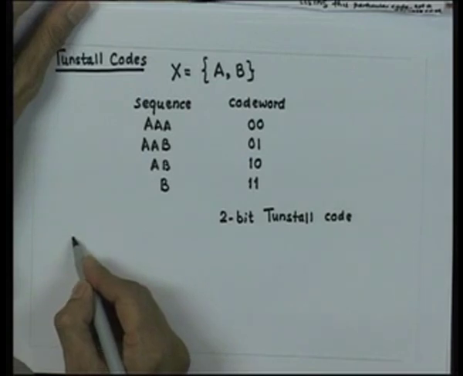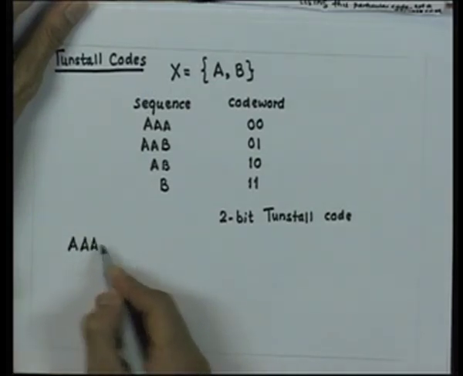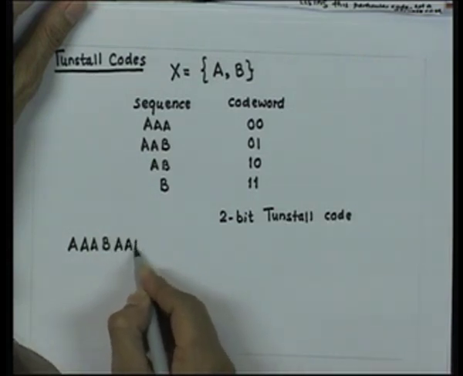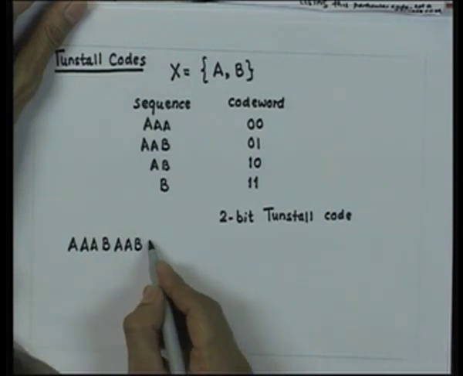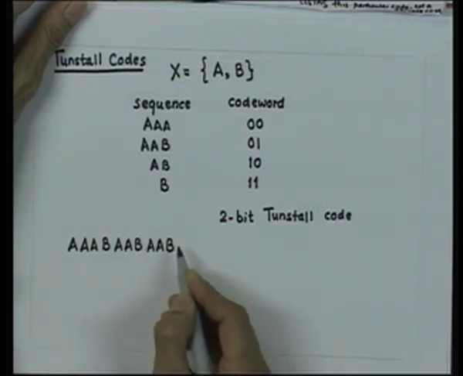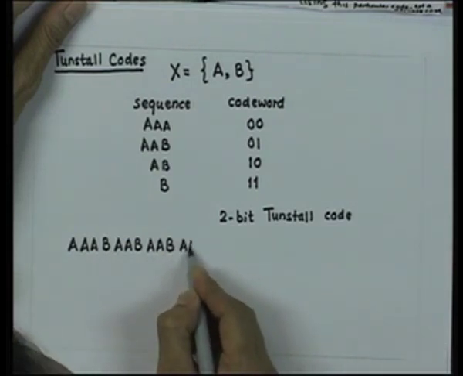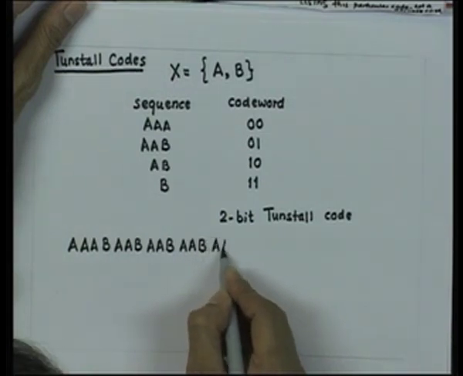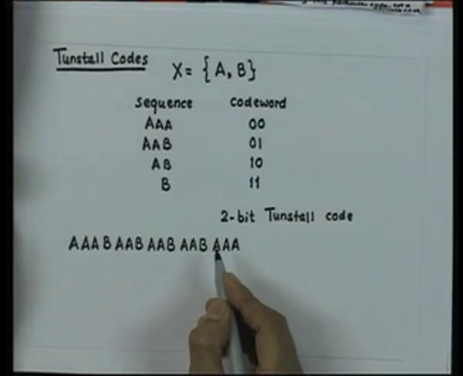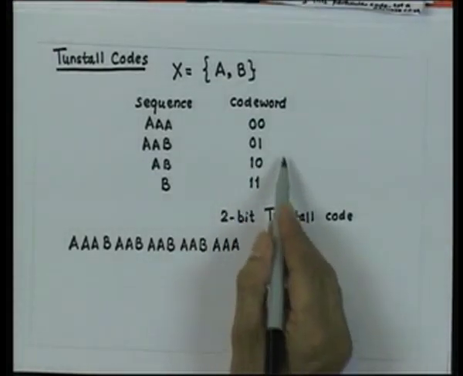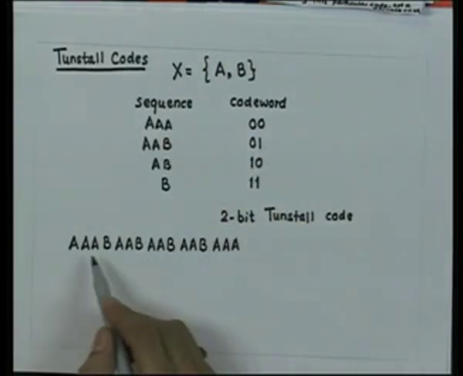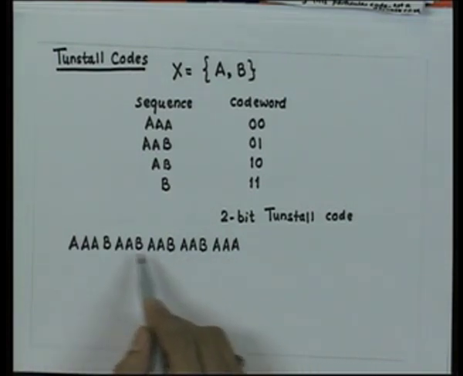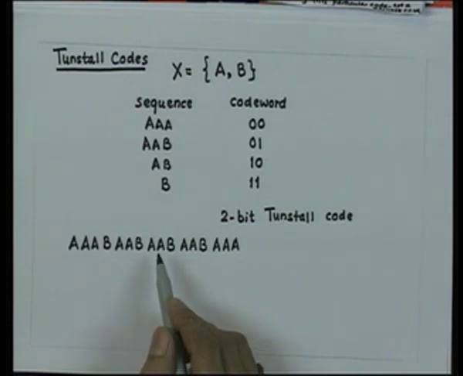Now let us take this 2-bit Tunstall code and encode the following sequence. If I have a sequence given by AAA, B, and let us use this 2-bit Tunstall code. The first thing is you parse this source output sequence into sequences of symbols that appear in the code book.